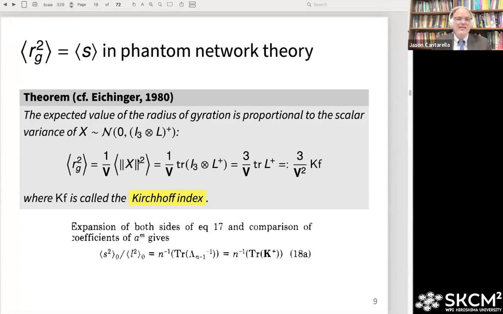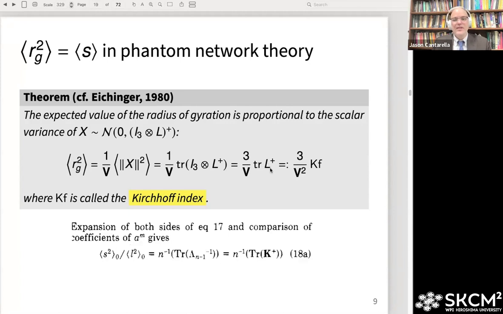That's the scalar variance of this vector valued random variate. And the expectation of the norm is the trace of the covariance matrix. Well, this I3 tensor L plus is just 3 copies of L plus. So its trace is 3 times the trace of L plus.